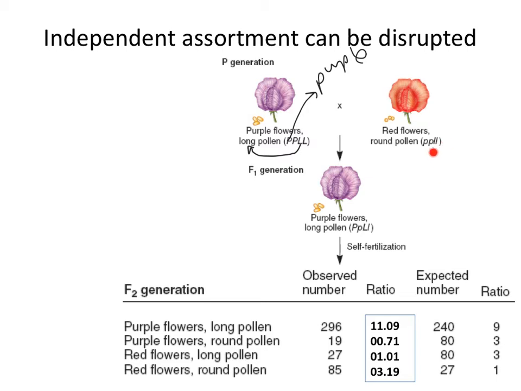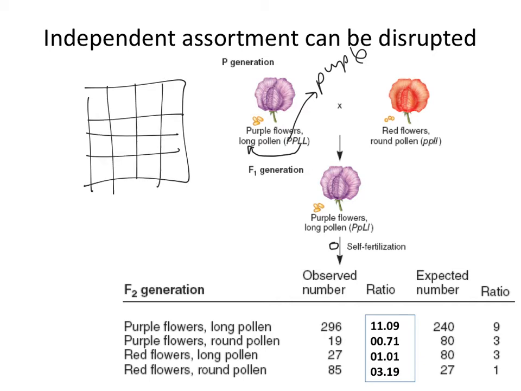Two little l's, you get round pollen, not long pollen. Okay, so make an F1 flower, he selfs it. And if you draw out the Punnett square for this, which we're not going to do in detail, you get a 9:3:3:1 phenotype ratio.